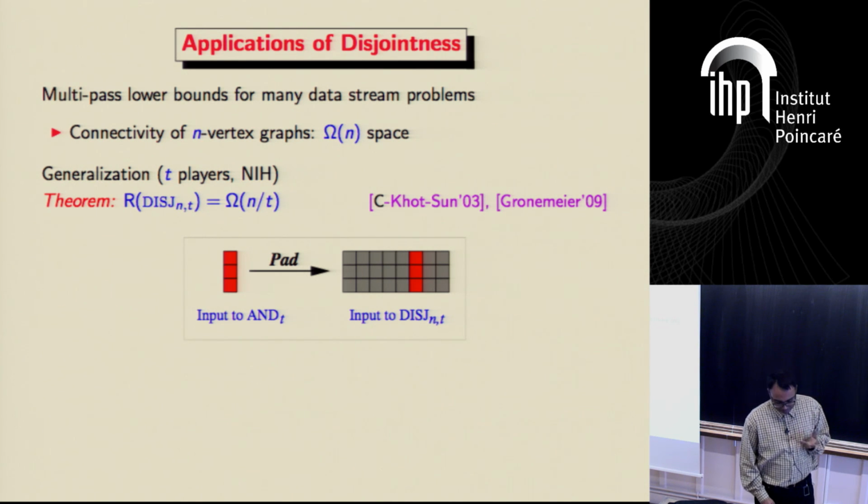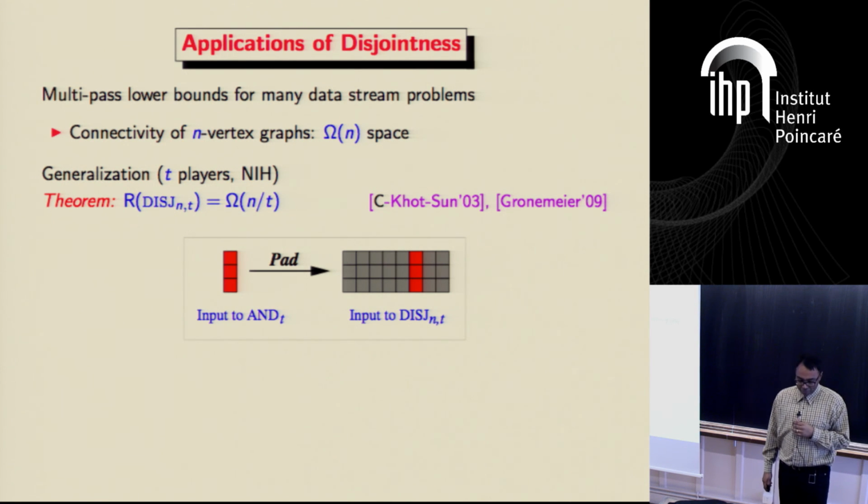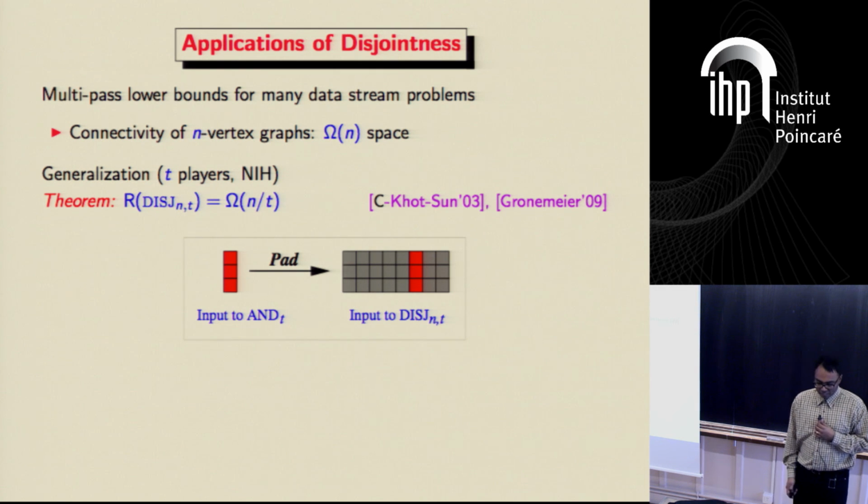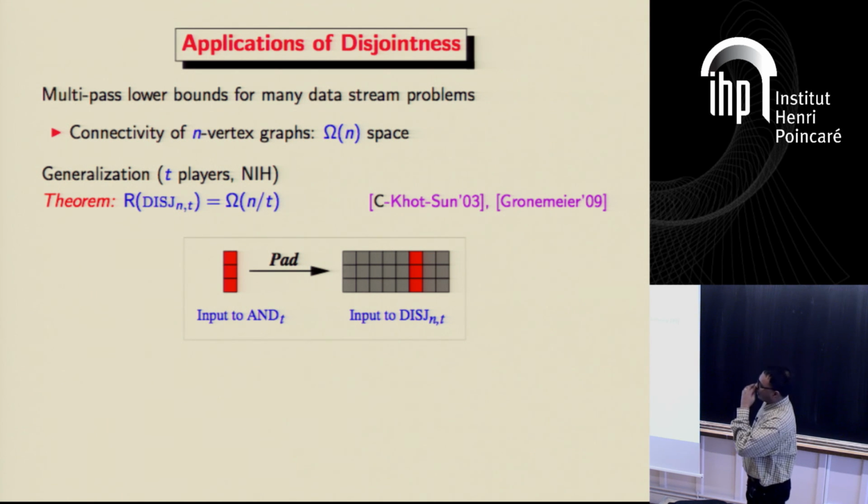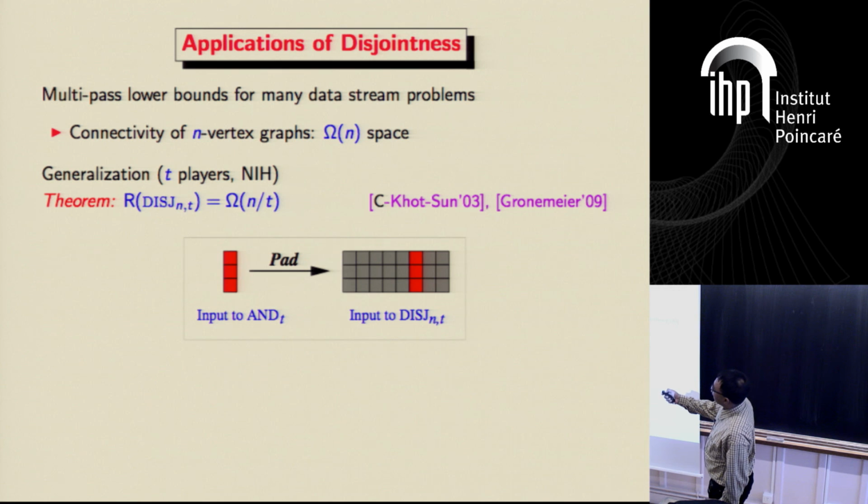So there are many applications of the disjointness result, way too numerous to mention. But let me just say one thing that easily comes out of this kind of proof: if you generalize everything to t number of players, then almost the same argument as before will work, except that at the very end you need to understand the information complexity of AND with t players.